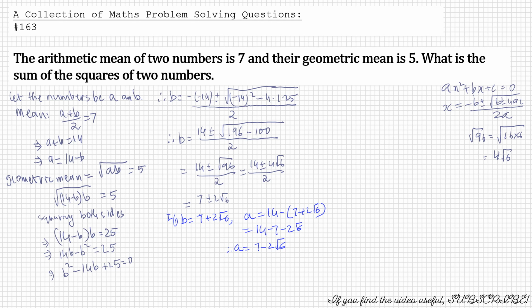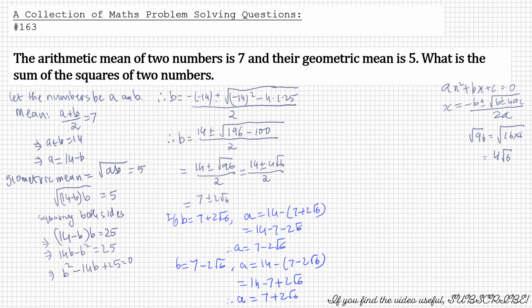If you had b as 7 minus 2 root 6, you would get a as 7 plus 2 root 6. We can check it out. If b is 7 minus 2 root 6, then a equals 14 minus (7 minus 2 root 6), that would give you 14 minus 7 plus 2 root 6, and that is 7 plus 2 root 6.